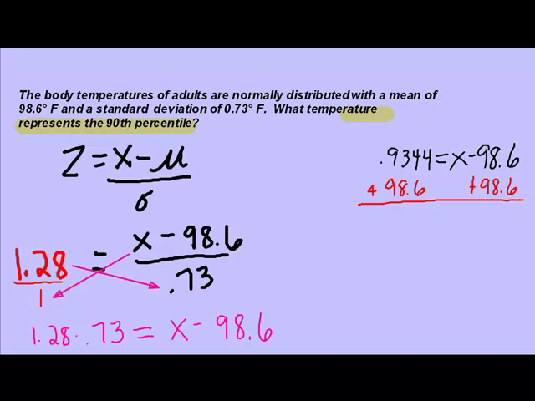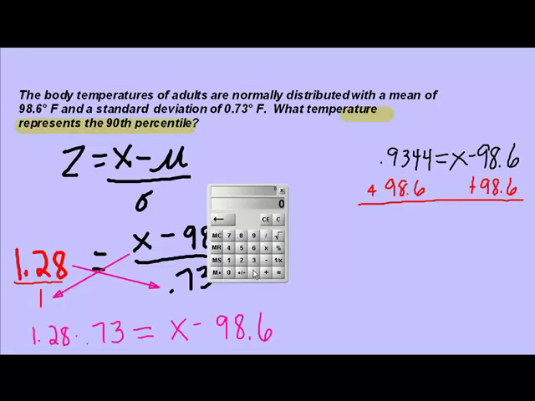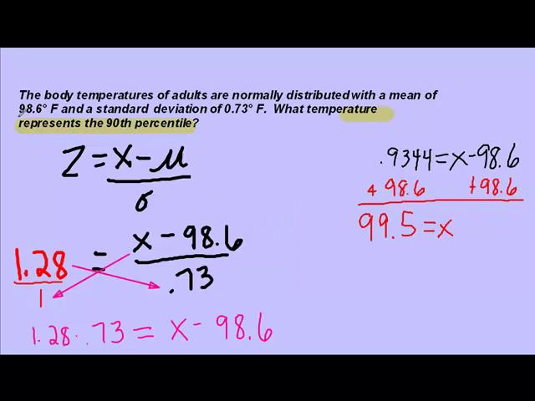Again, get my calculator back out. 0.9344 plus 98.6. What does that equal? Our final answer: 99.5 equals x. This means that the average body temperature for adults is 98.6.